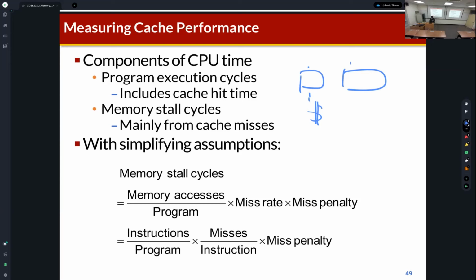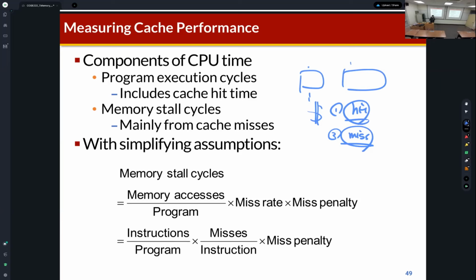The first is the cache hit case, which is the good case because the data is found in the cache. So it only takes one cycle to access this level of cache. But the cache miss case means that the requested data is not found in the cache.